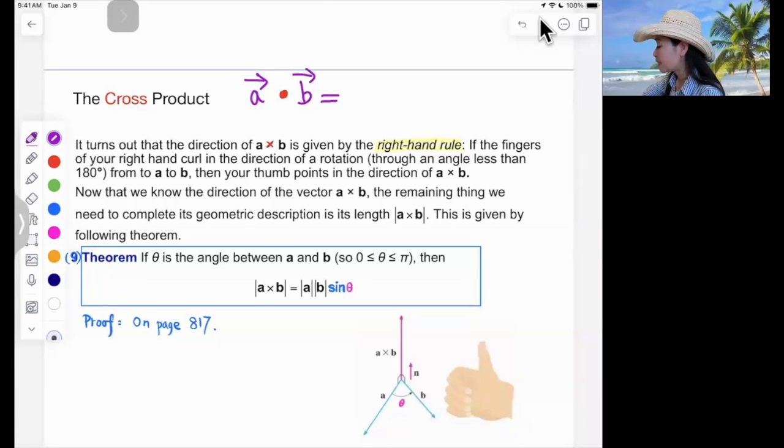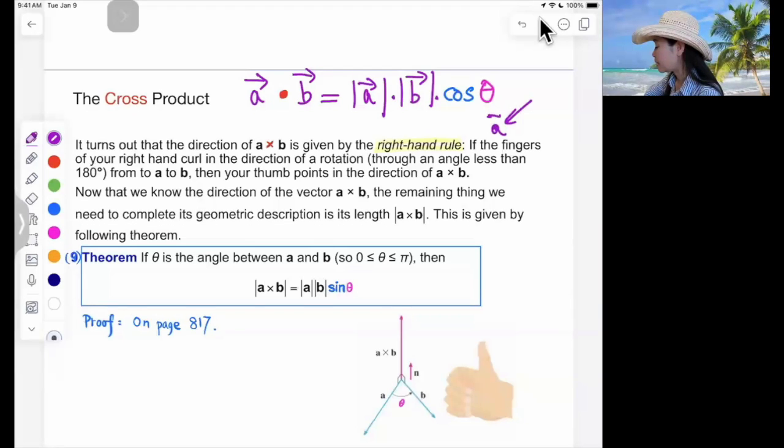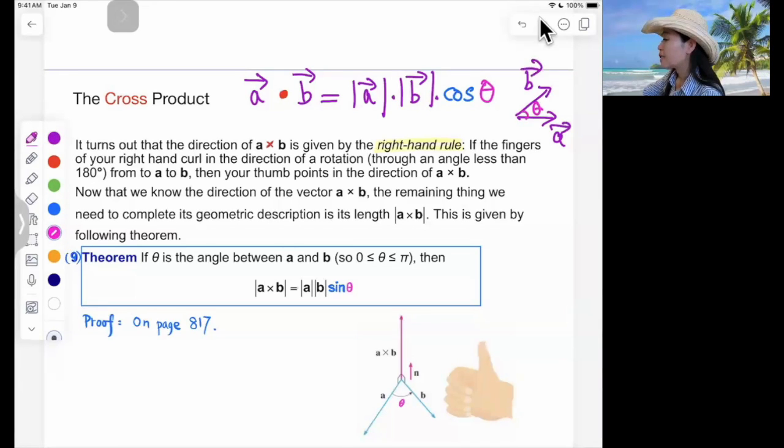It was the magnitude of A times magnitude of B times what? Cosine of theta. And what is theta? The angle between them, right? So you have vector A, vector B, and the angle between them is theta. Then the dot product is equal to this.